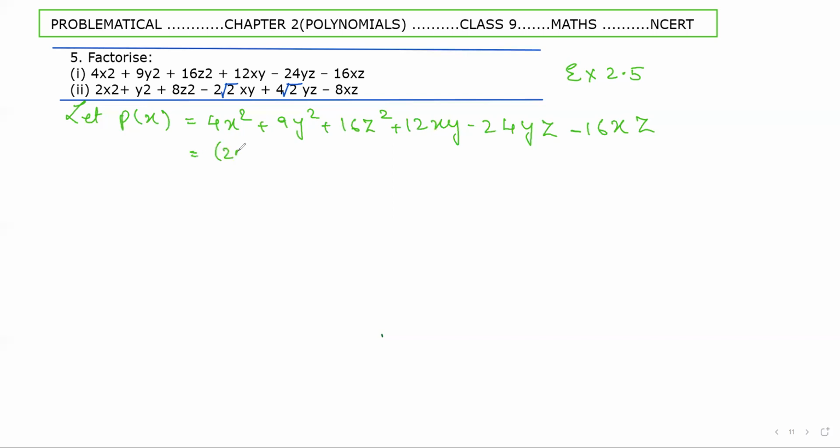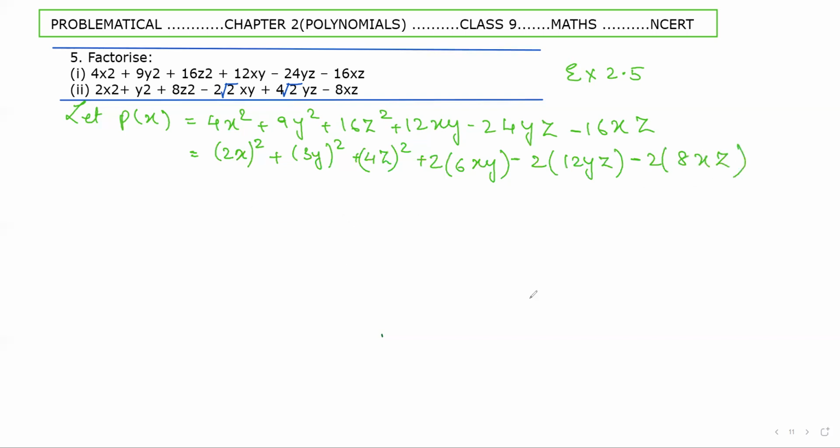Let's rewrite this: 2x whole square plus 3y whole square plus 4z whole square plus, I'm only taking 2 common, 2 times 6xy minus 2 times 12yz minus 2 times 8xz.